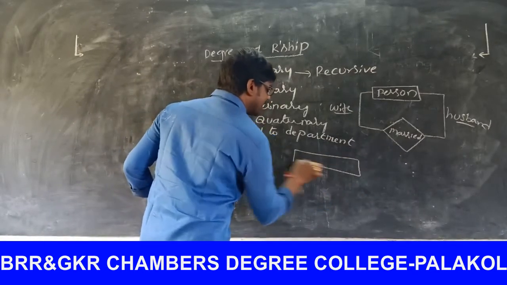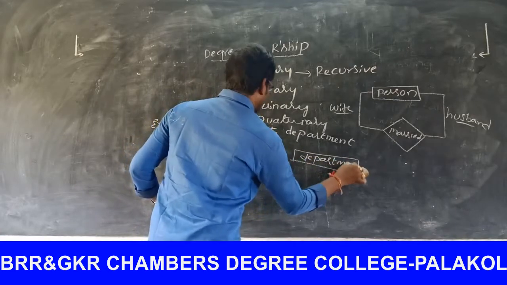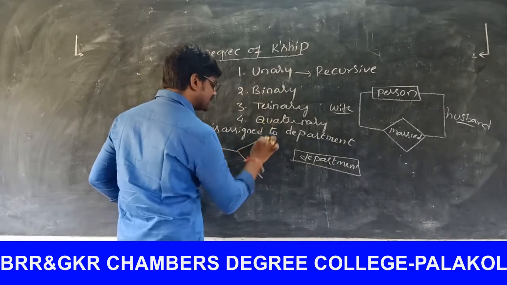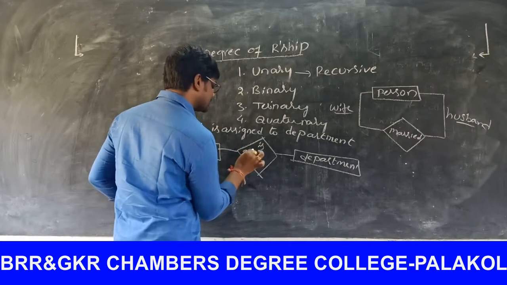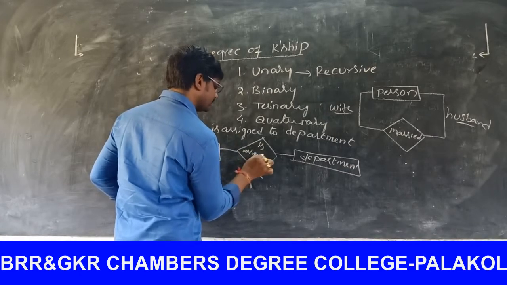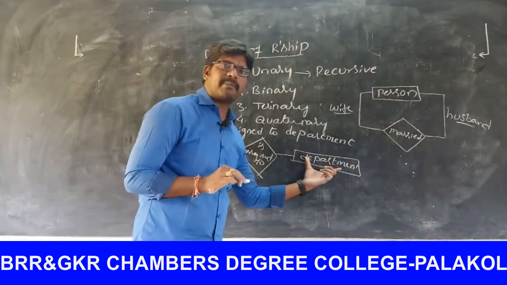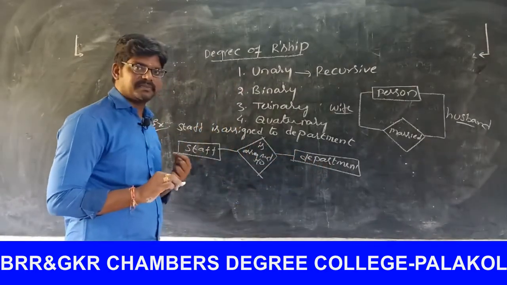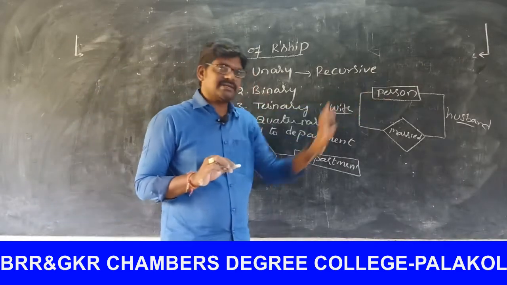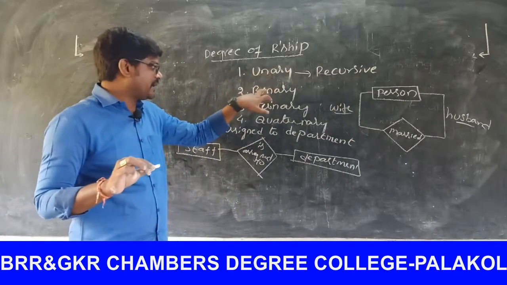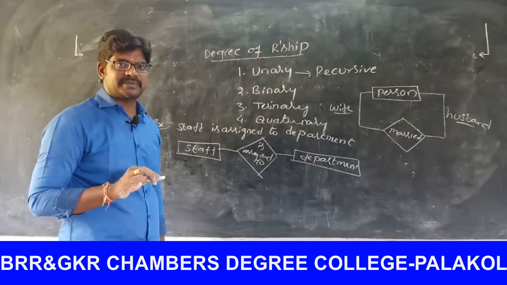Okay, department is an entity. And the connecting word is assigned to. Okay, here 2 entities are participated in this relationship. Okay, we call it as a binary. Here 1 entity is participated, we call it as a unary. Here 2 entities are participated, call it as a binary relationship.